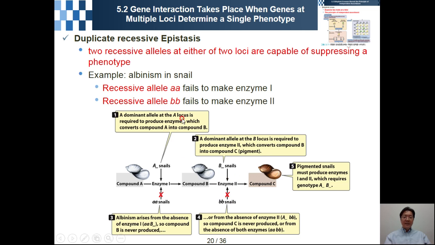In these cases, we call it duplicate recessive epistasis. So two recessive alleles, small aa or small bb, at either of two loci is capable of expressing a phenotype. Small aa or small bb or small aa, small bb can express a phenotype.